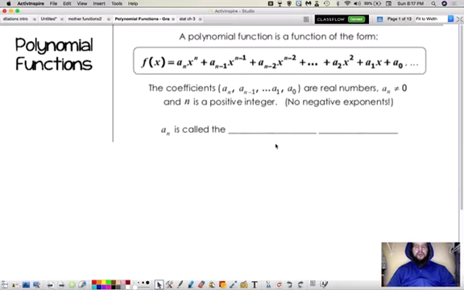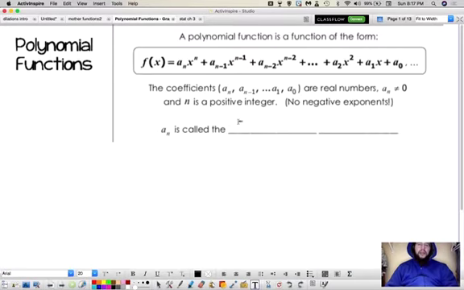You can't be reciprocating things. If you remember the reciprocal mother function, that weird thing that had those asymptotes, you can't have that. But again, a sub n is the leading coefficient.